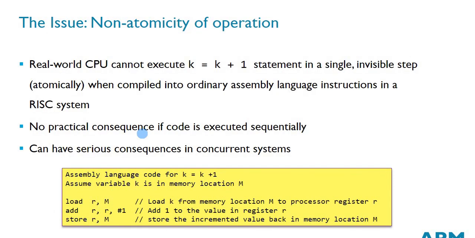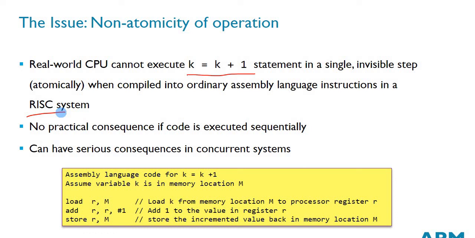The important thing you must understand is this operation k equals k plus 1 is, in C, a single line statement, but when you compile it to assembly language code, we must understand that this is not a single atomic operation. Why? Because a RISC system, like our ARM processor, cannot do a direct operation on a variable in memory.